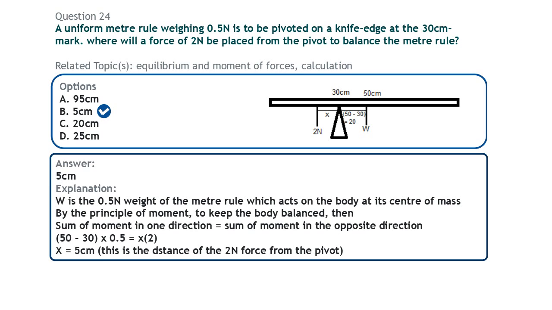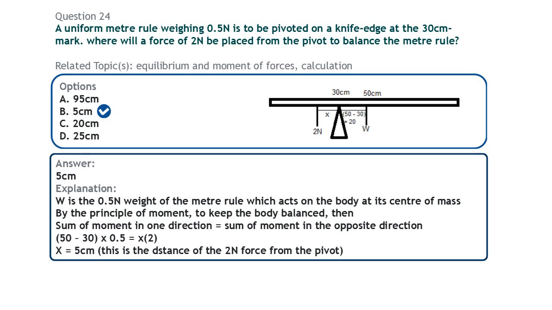Now the uniform meter rule, we are assuming it is a 1 meter rule, that is 100 centimeter. So the center of balance should be at that 50 centimeter, and that is where the weight, say W, of the meter rule is theoretically supposed to be concentrated.